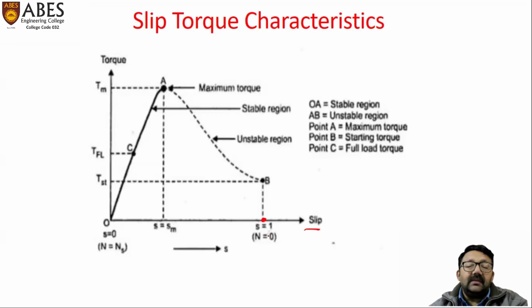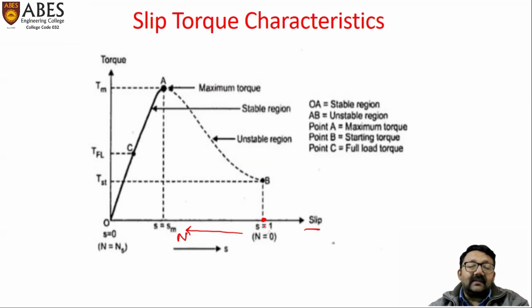Slip is 1 means the speed of the motor is 0, or the motor is at rest. As we move in this direction, slip decreases and the value of motor speed increases.